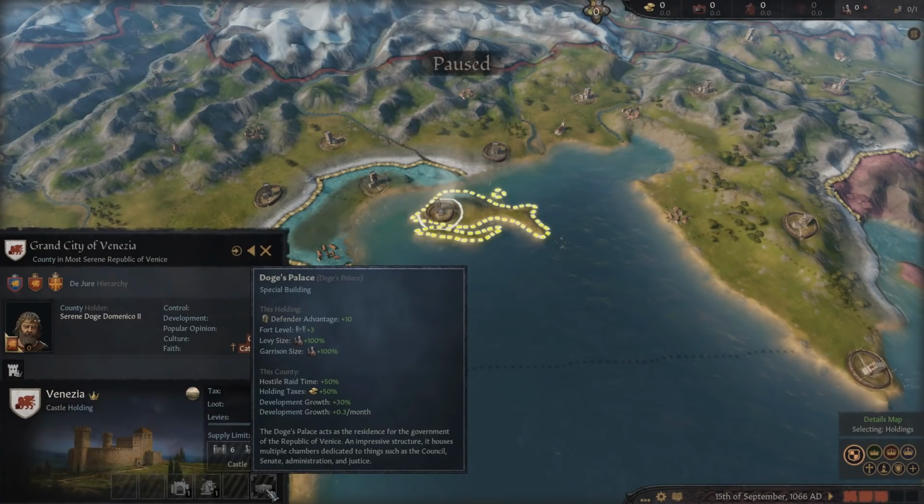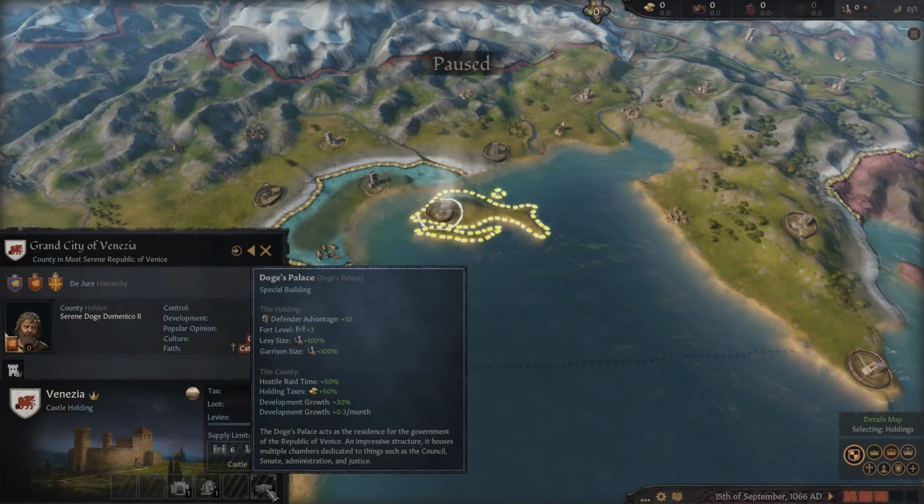The Doge's Palace acts as the residence for the government of the Republic of Venice. An impressive structure, it houses multiple chambers dedicated to things such as the council, senate, administration, and justice. What does it give you? It gives a +10 defender advantage, fort level +3, levy size +100%, garrison size +100%.